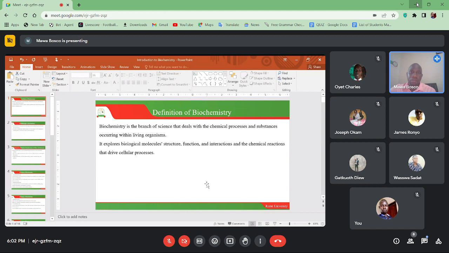These are either synthesis of molecules or breakdown of molecules. So we look at the enzymes that are involved, the coenzymes, and then also how these biochemical processes are regulated. The term that we are using here is metabolic regulation.